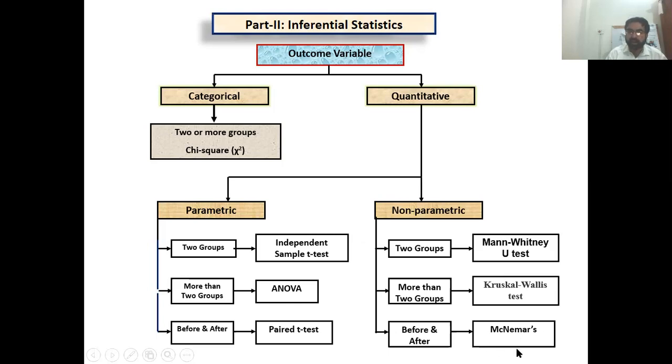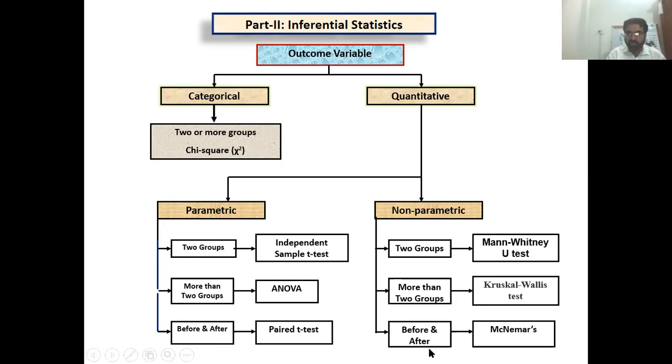but a McNemar test we apply on a categorical variable where you have before and after the intervention, but you have frequencies. For example, if a motorcycle biker uses a helmet, your answer is yes or no. So before using the helmet and after using the helmet, is there a difference in road traffic accidents or not?